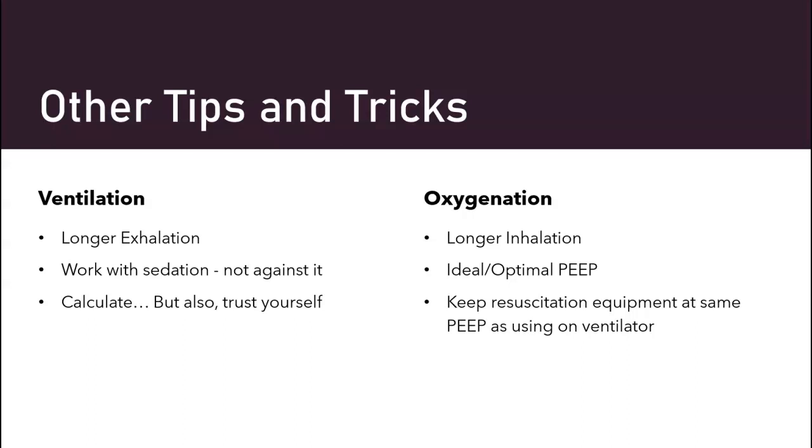Make sure that PEEP valve is set to the same PEEP as what you're using on your ventilator. If it's maybe an overdose or a post-op patient and it's set at 5, that's totally appropriate. But if you have an insanely sick ARDS patient, or maybe a COVID pneumonia, where they're really, really sick, make sure that PEEP valve is set to the same PEEP that you're using.